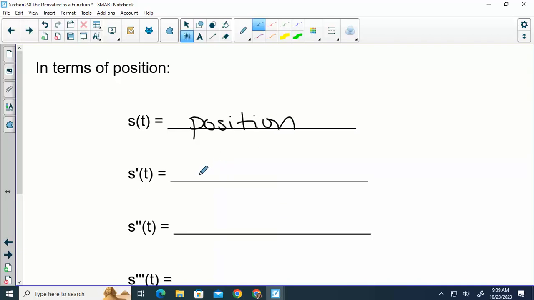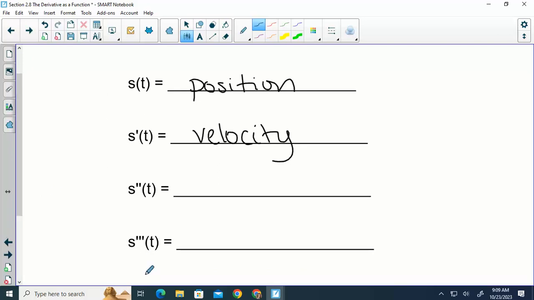The first derivative is velocity, or kind of like your speed, telling you how your position is changing. If you look at how your velocity is changing, what would that be? If we're looking at the slope of it, so think about like your speed when you're driving your car. If you look at how fast your speed is changing, that's your acceleration.